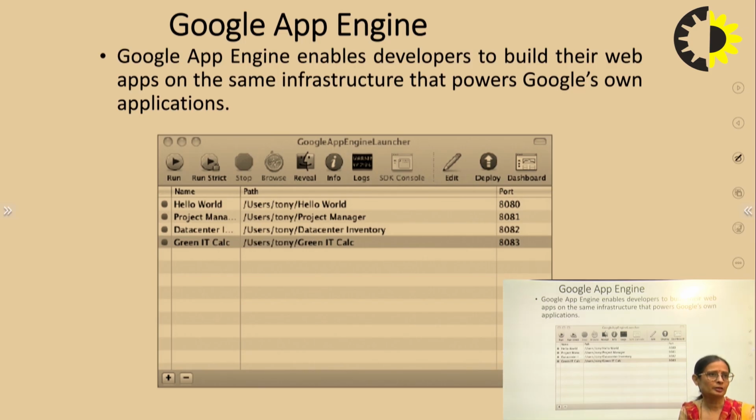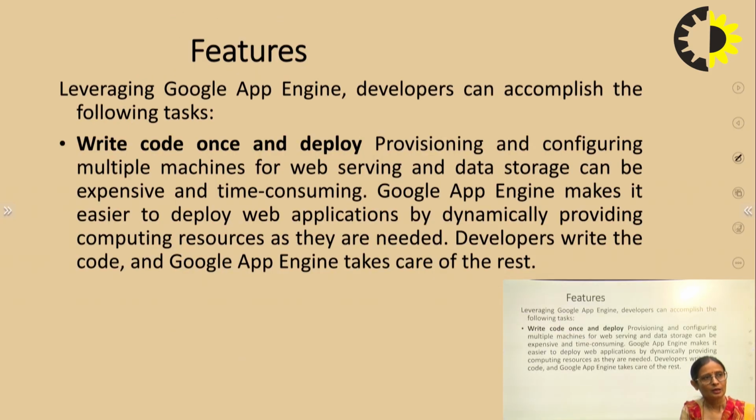Another important product from Google is Google App Engine. It enables developers to build their web apps on the same infrastructure that powers Google's own applications. Leveraging Google App Engine, developers can accomplish the following tasks. The first one is write code once and deploy.